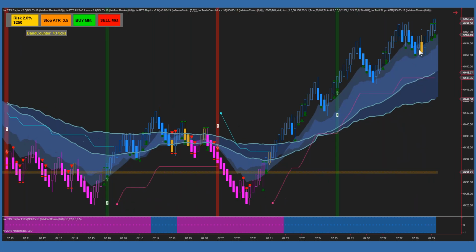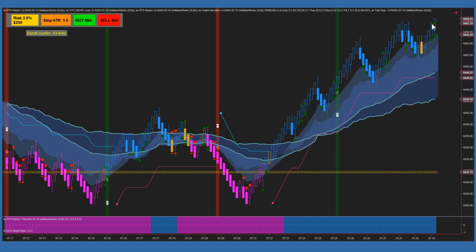Again, a little bit of a pullback, and now we have a second push opportunity on a breakout above these highs right here. What makes these highs better than this high right here? Nothing, really. I was too late to take the breakout above here, so when the market gave me a second chance to get in, that's what I was looking for.